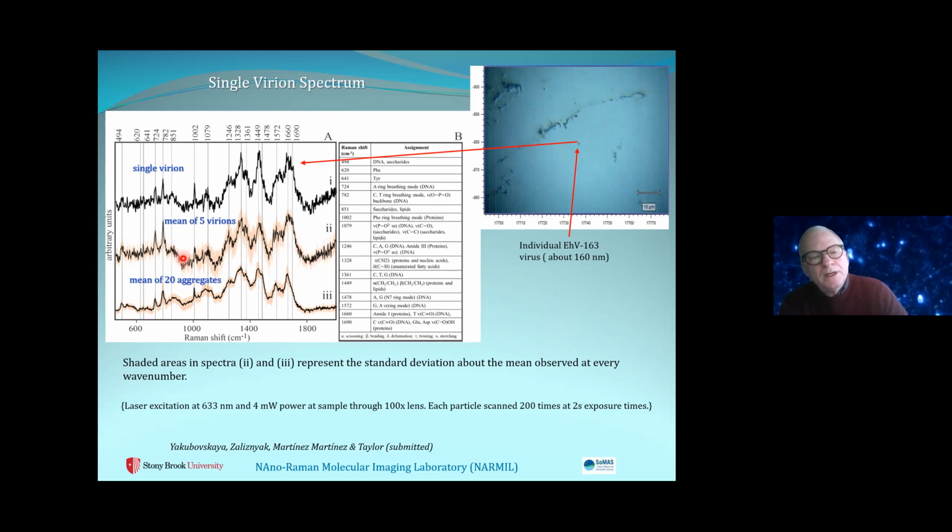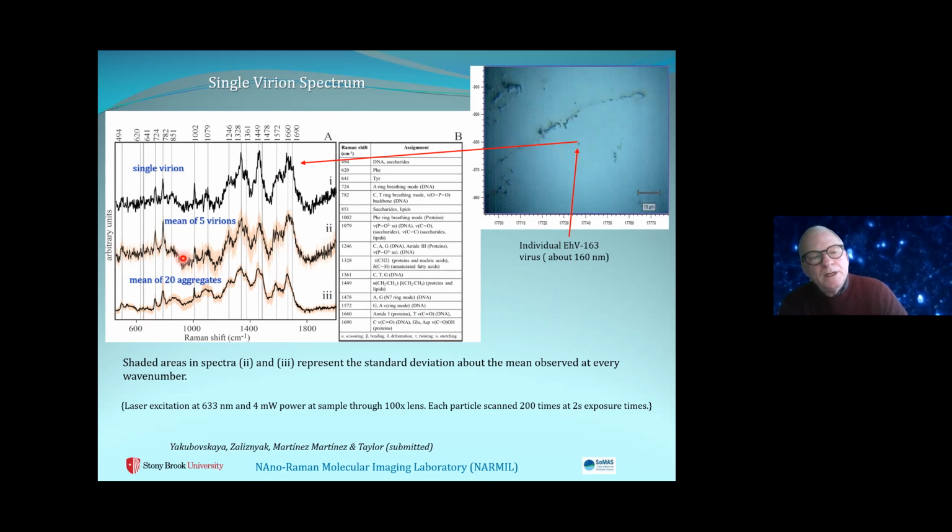Okay, so what do we see? We see signatures for DNA. These 2 peaks here are signatures for DNA. We see a peak that is a signature for the amino acid phenylalanine, which is contained in almost every known protein. So this is a very useful diagnostic peak that we'll come back to in a little bit.